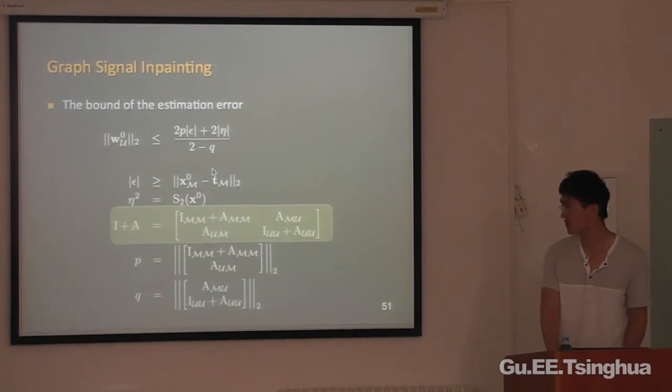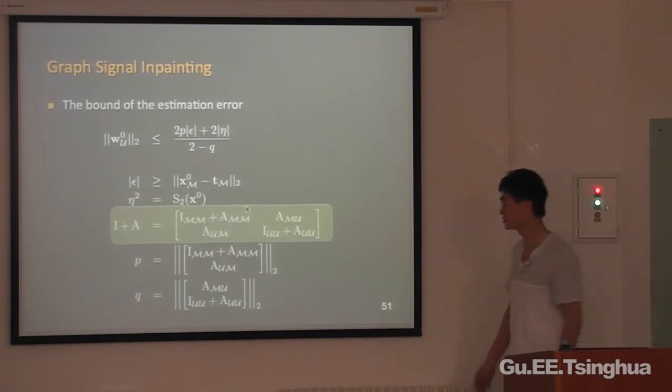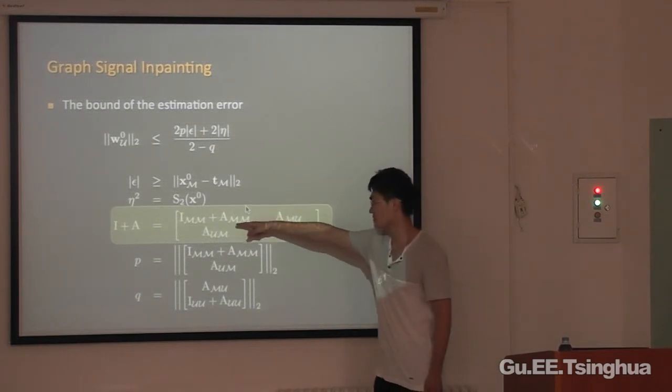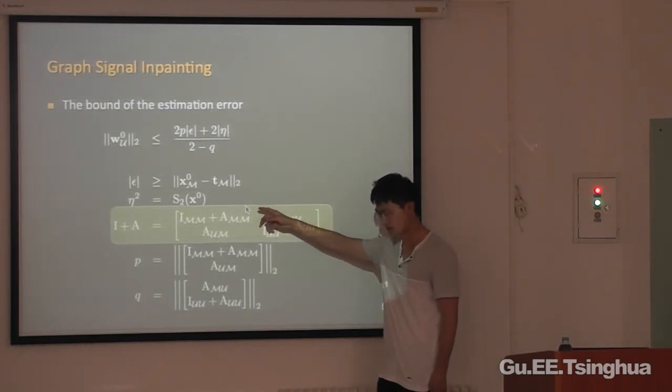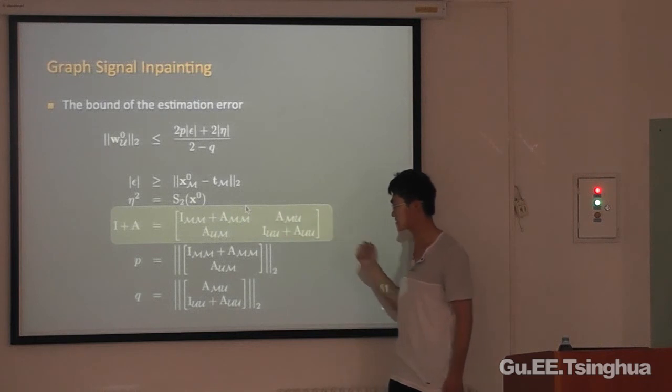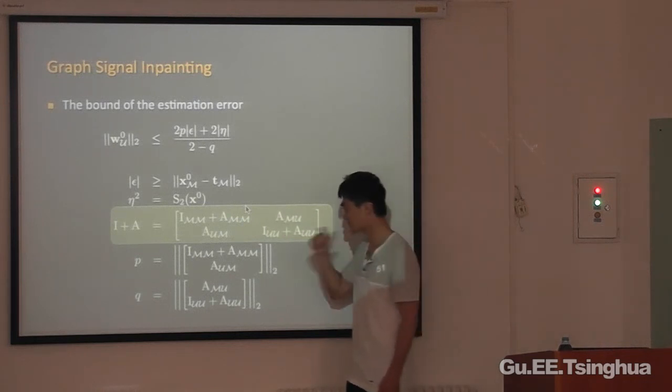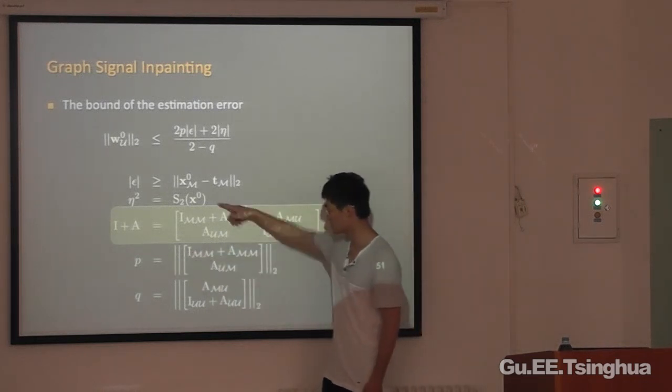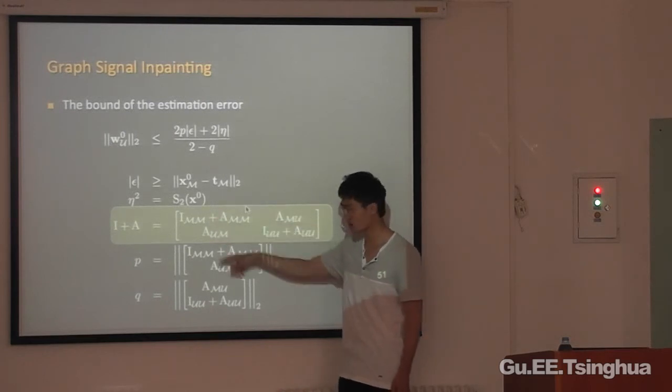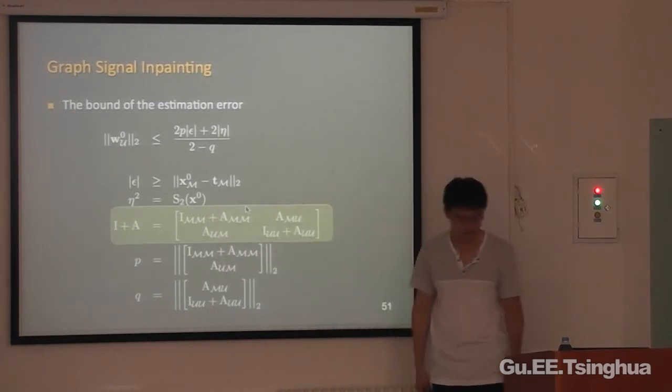And this matrix, very interesting, is identity matrix plus the graph shift, and we can split it into two blocks by separating the measured indices and unmeasured indices. You see that P is the spectral norm of this part, and Q is the spectral norm of this part.